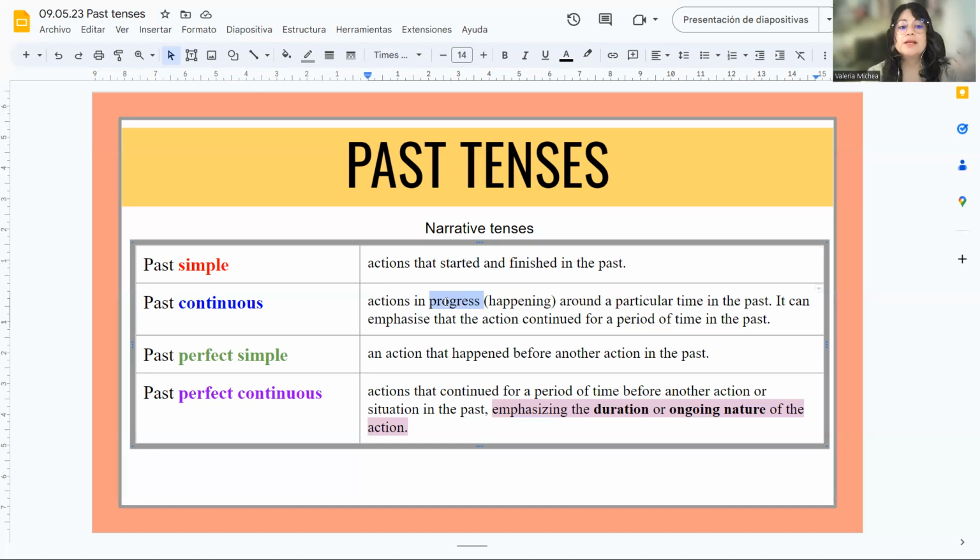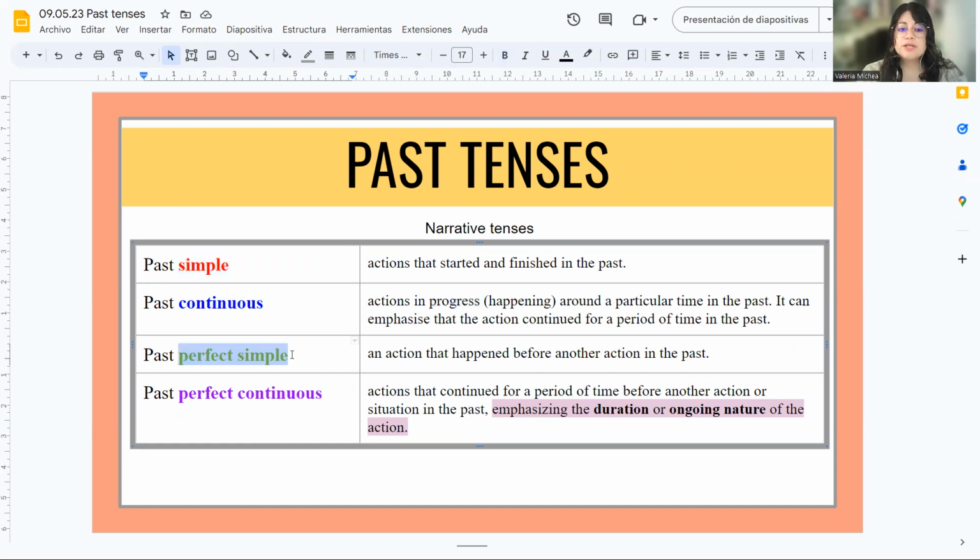That's the idea. Then we have past perfect simple, which refers to an action that happened before another action in the past. It is also called the remote past. So we have an action in the past simple, and before that, something else happened, and we refer to that action with the past perfect simple.